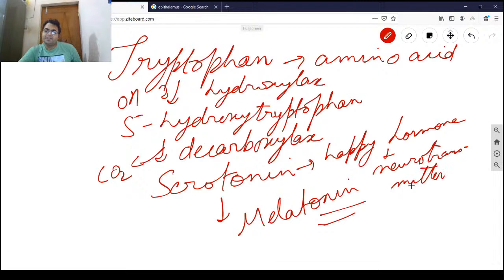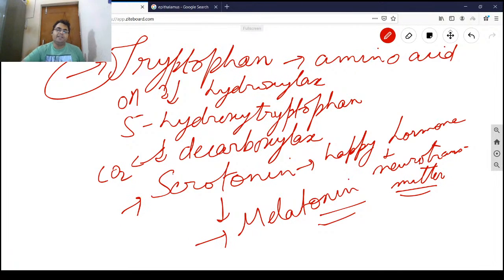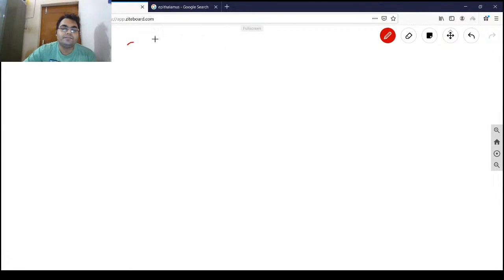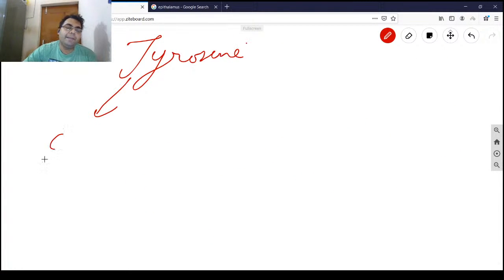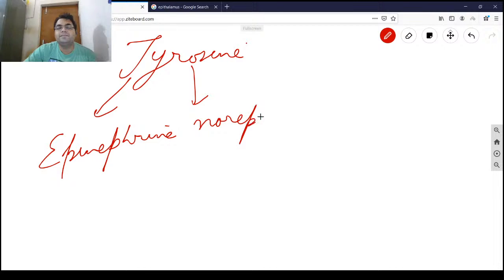The precursor is always asked in the exam. Tryptophan is the precursor of serotonin and melatonin, whereas tyrosine is another amino acid, which is the precursor of epinephrine, norepinephrine, and dopamine.